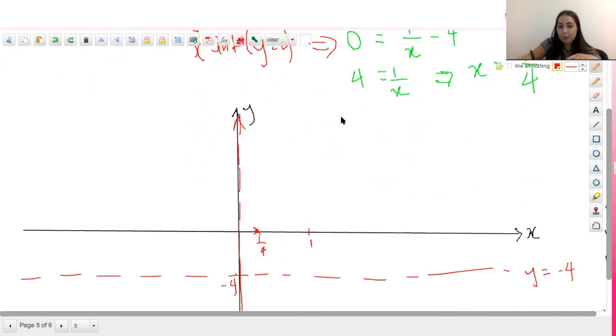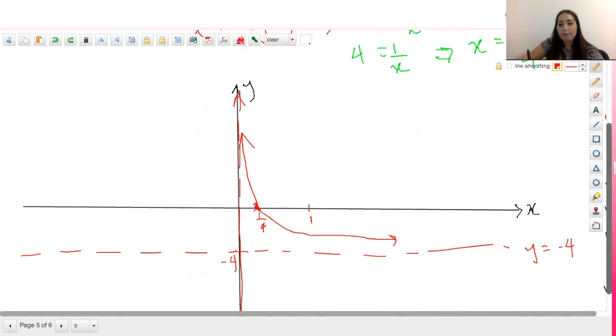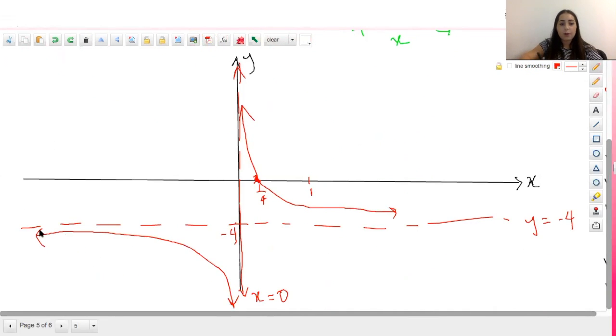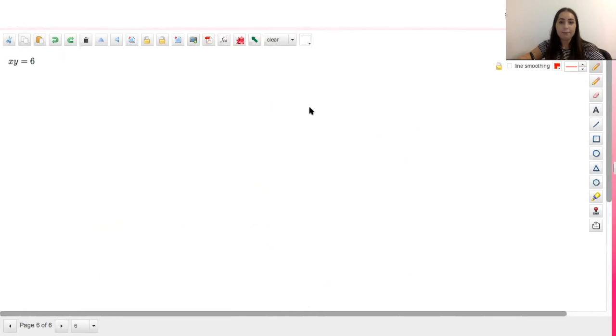So here's our first quadrant over here, and it has to pass through this point. So it's going to look like this. And for our third quadrant, it's going to be approaching -4 from this direction and x equals 0 from this direction.